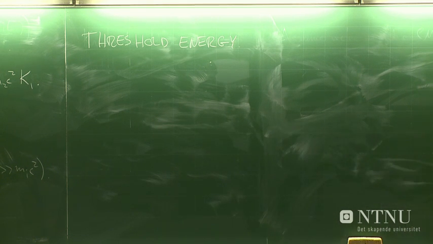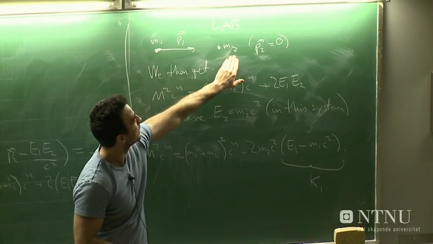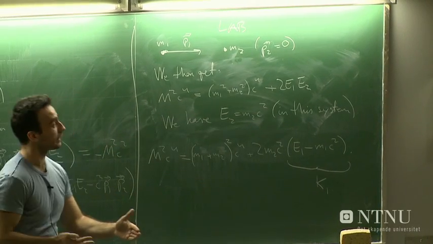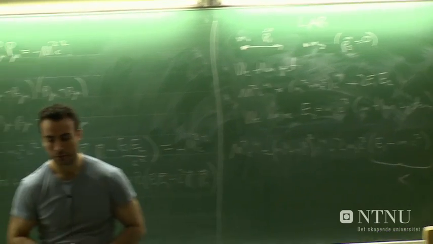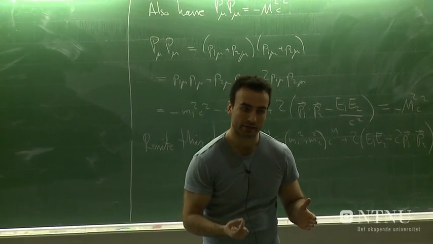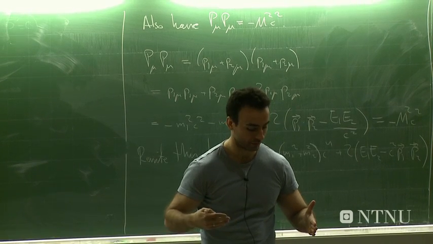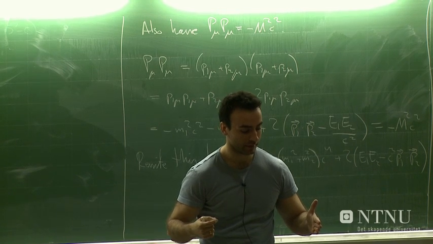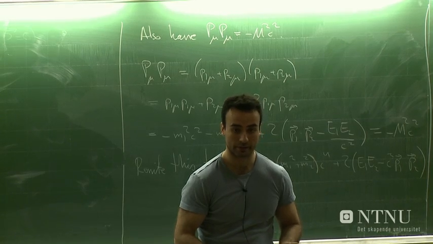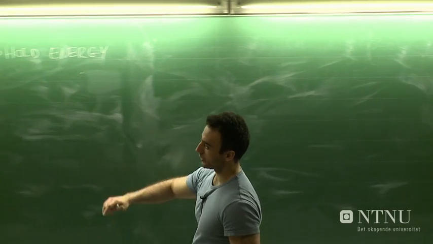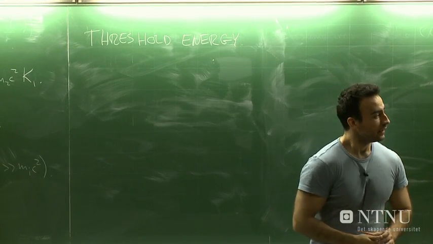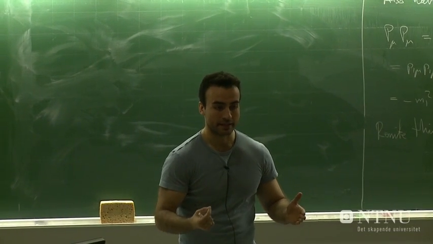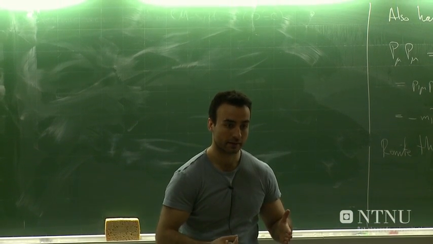and we had set up our target, some object or particle here with a mass m2, and then we started shooting some other particles towards it, for instance, electrons. And then we wanted to ask ourselves, what is the minimum energy required that these particles, or electrons in our example, have to have in order for this reaction to work? So we started out with 2 particles, and then we ended up with n number of particles with different masses. So the question is, what is the minimum energy I have to give these electrons to make this reaction start?